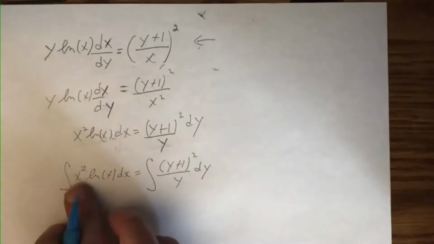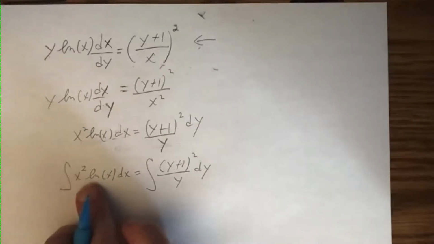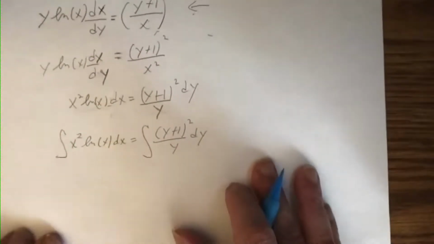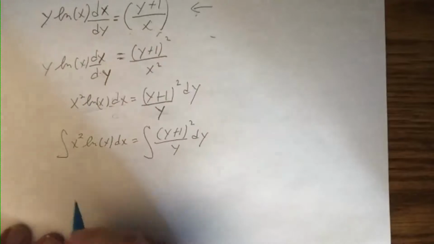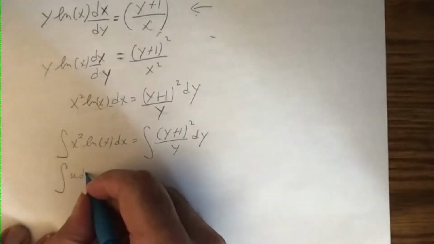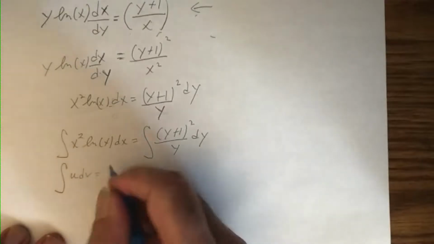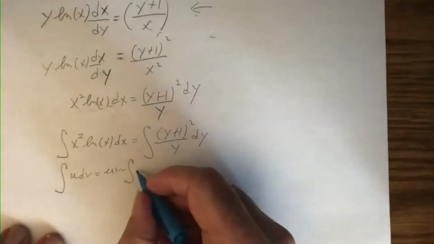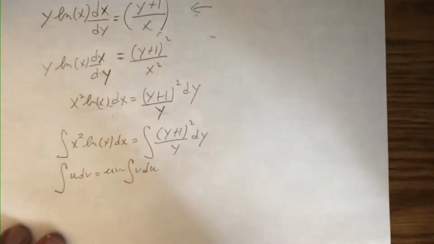Now, how do we integrate x squared times the natural log of x dx? Well, we integrate by parts. That's right. So remember, when you integrate by parts, you have the integral of u dv is equal to uv minus the integral of v du, right?